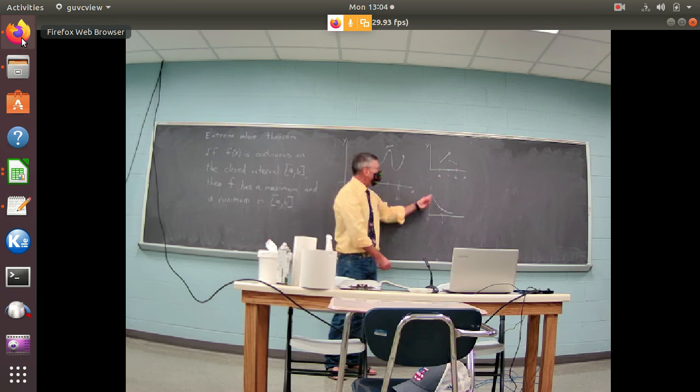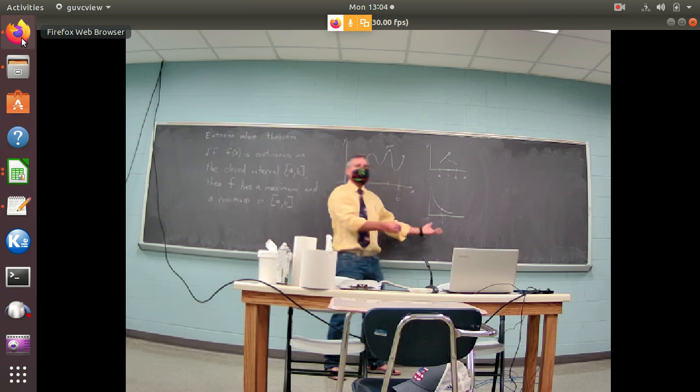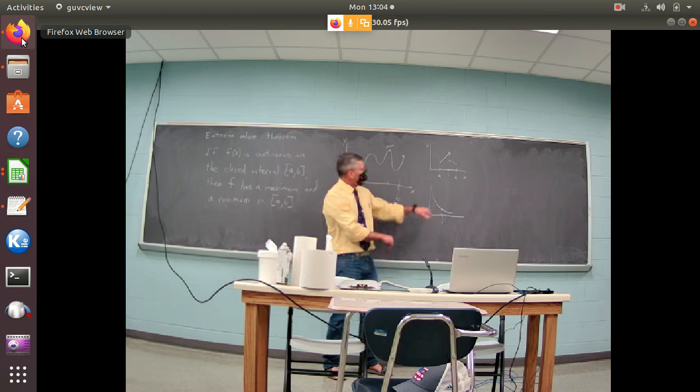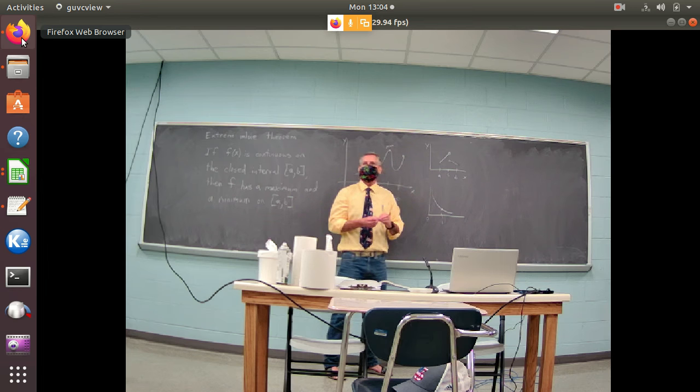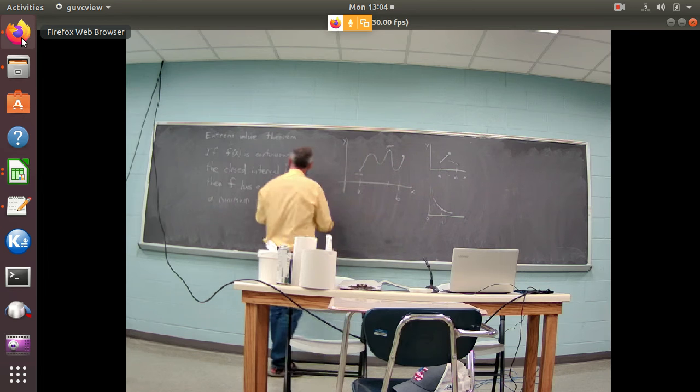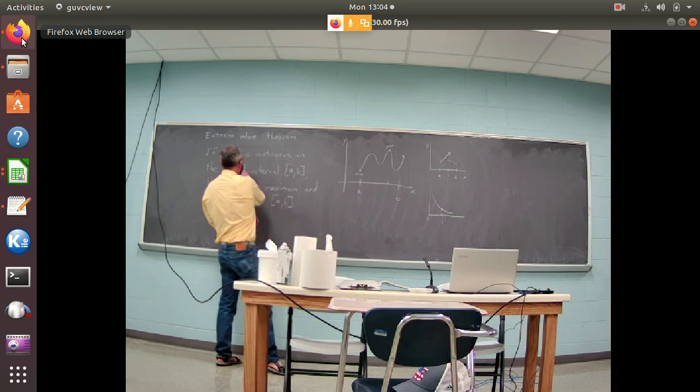It's continuous on the open interval from 0 to 1, and this could be the half open interval, open at 0, closed at 1. But as we go up, no matter how close we get to 0, we could get a bigger number, so we have no maximum. So we do need both of these things: a closed interval, and continuity.